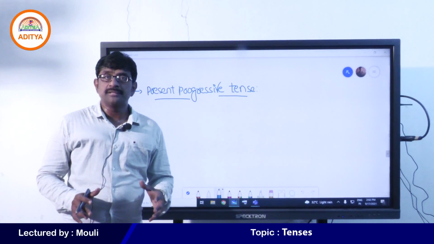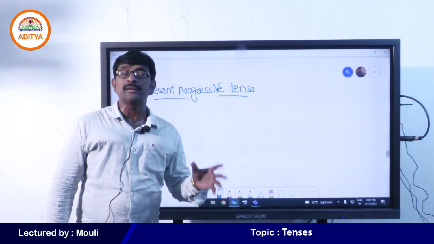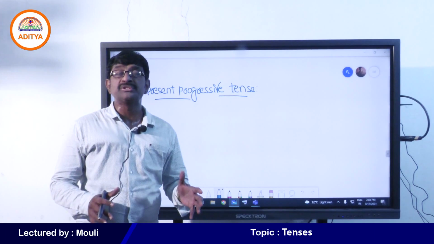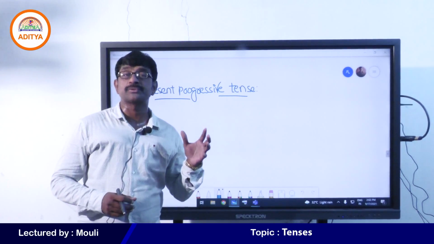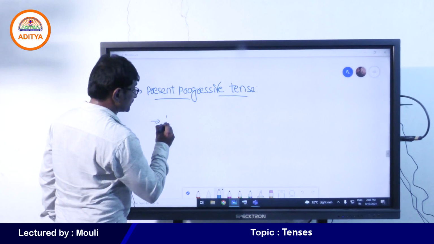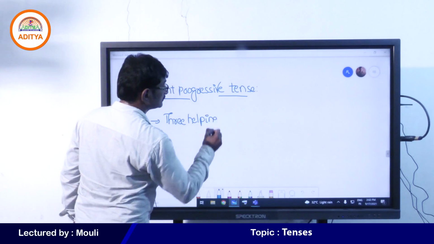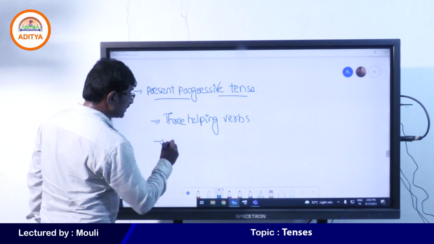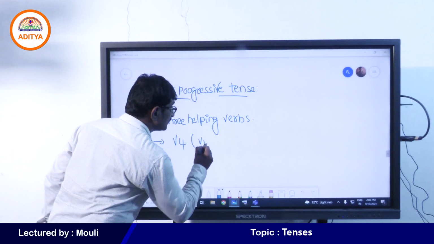In this tense, we have three helping verbs and one V4 verb. V4 means the ing form, V1 plus ing form.